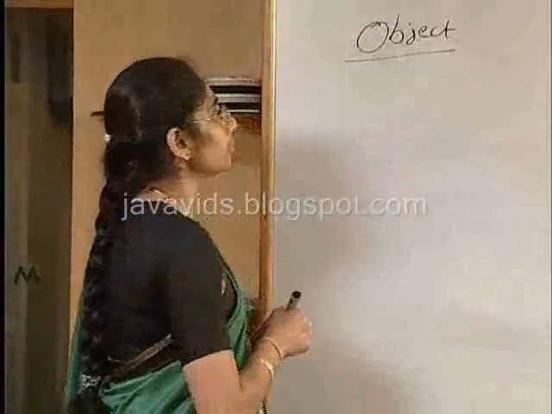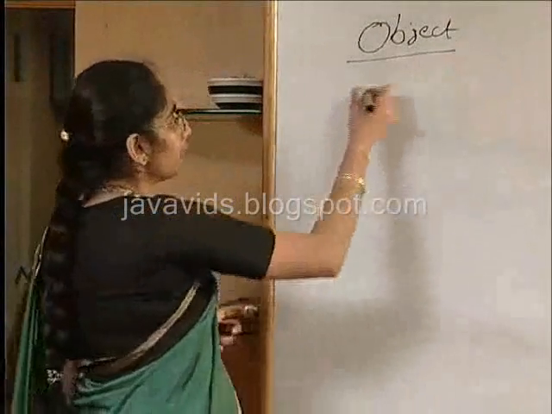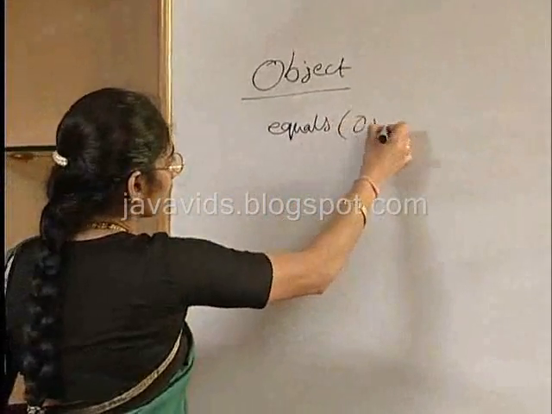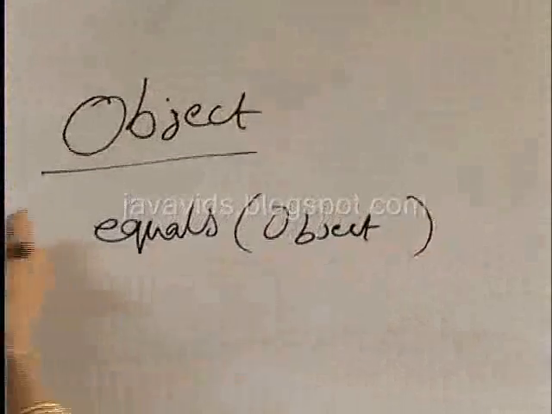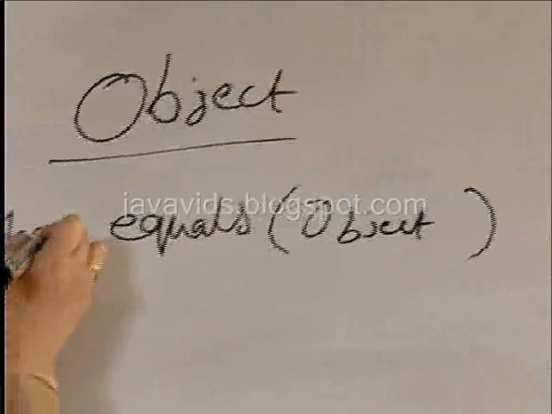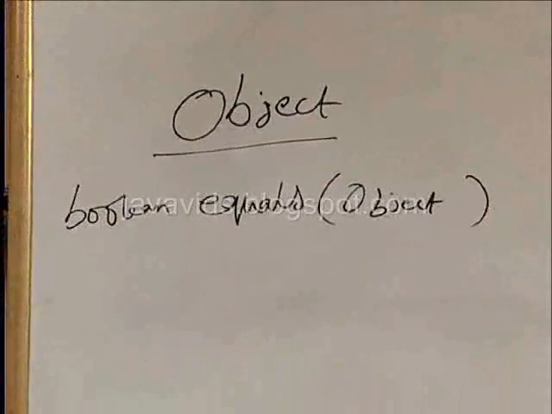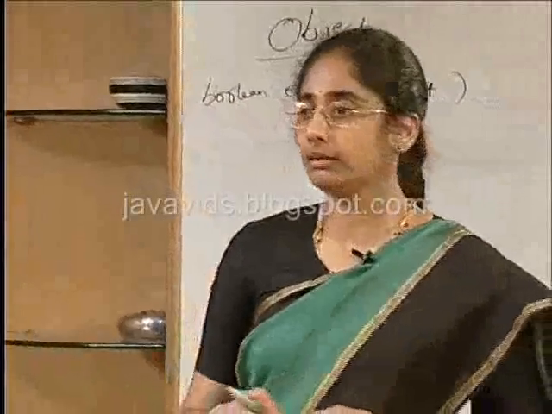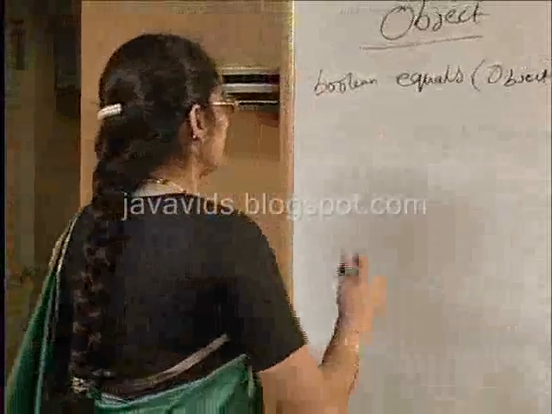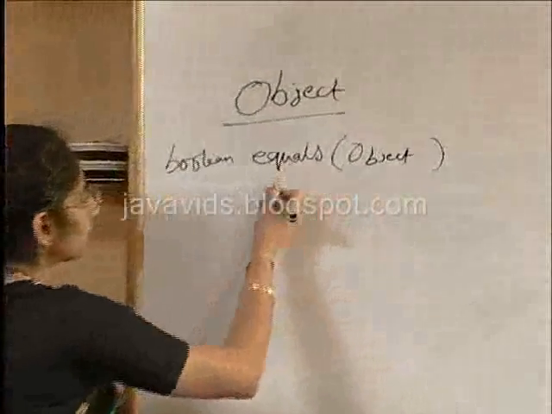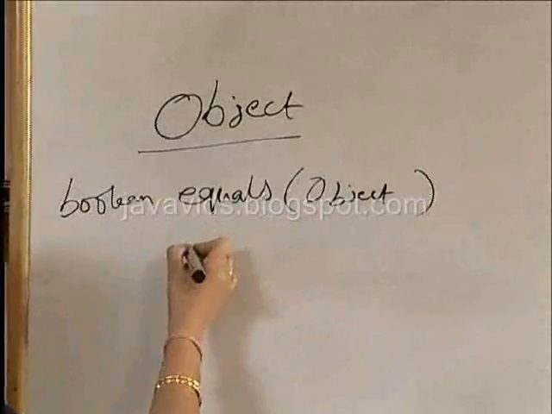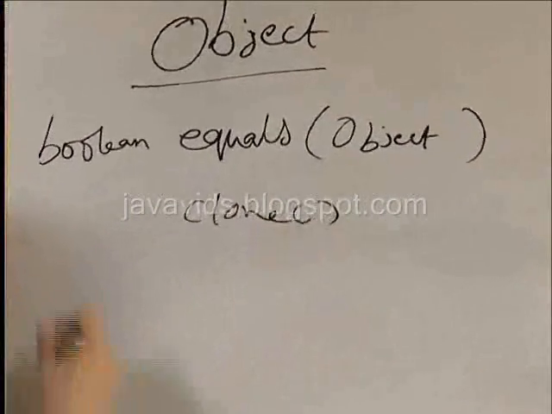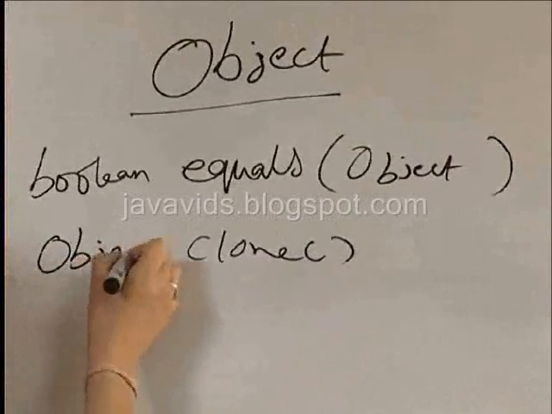Now what does this class provide us with? It provides us with an equals method, for example, which returns a boolean and takes an Object as a parameter. This method compares two objects and returns whether they are equal. Then we have the clone method, which returns an Object.